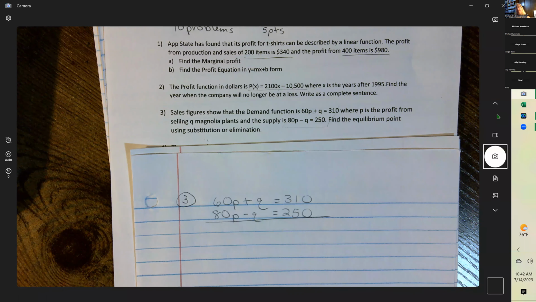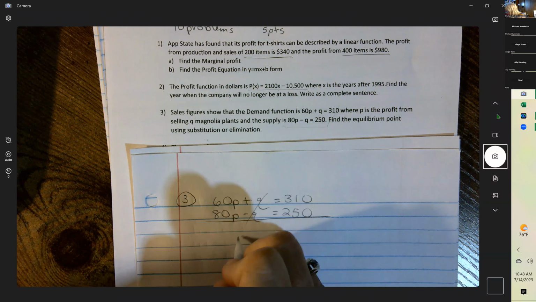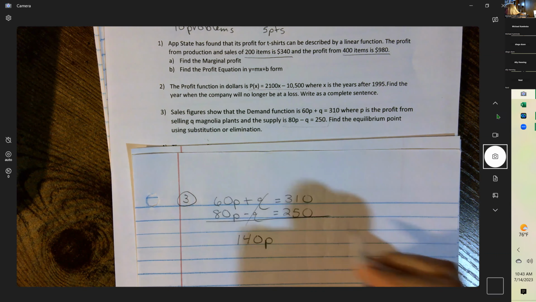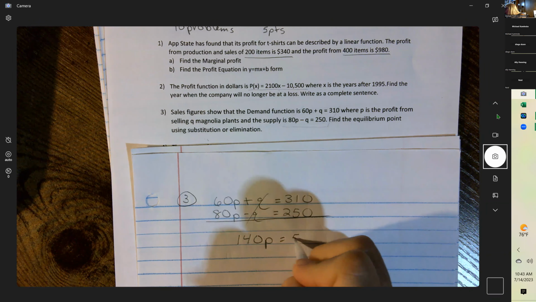So I would use elimination. Any questions so far? Notice if we add down, the Q's drop out. 140P equals 560.